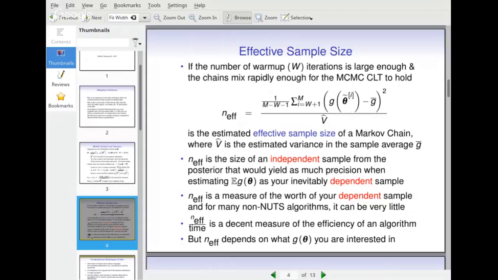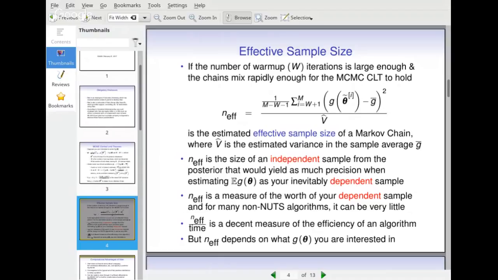So what is this effective sample size? Effective sample size is a sort of abstract concept. It's not directly measured. But conceptually, it's the size of a sample from this posterior distribution that would give you the same amount of precision for estimating the mean as the number of dependent draws that you obtain. So I did not explain that very well. I'm going to try that again.